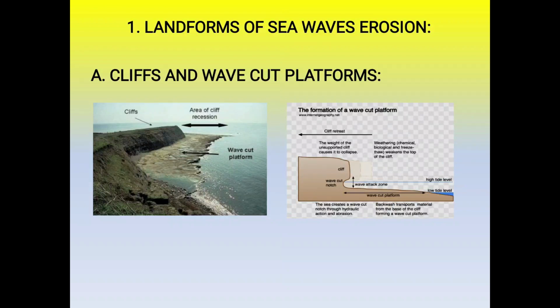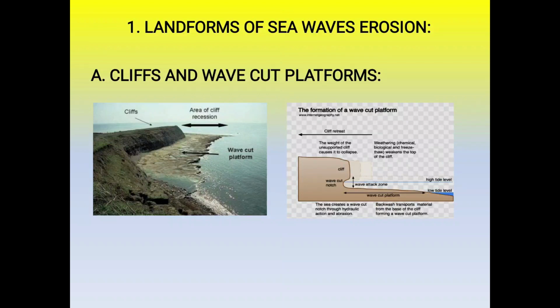The bedding planes, joints, cracks and crevices of the rocks are where hydraulic and solvent action become powerful to erode the materials rapidly. When the coastal rocks are soft or weak, they are eroded faster, while hard massive rocks are eroded slowly and they form vertical faces of sea cliffs on the coast.